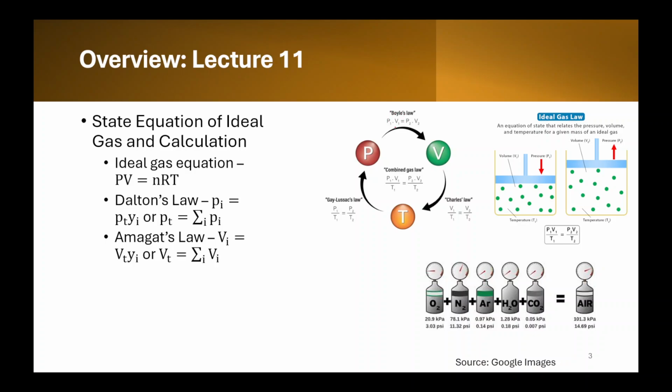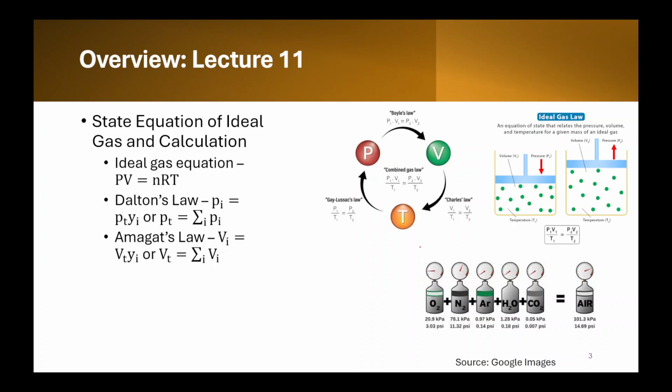Boyle's law gives us the relation of P versus V for a constant temperature and a fixed amount of gas. Charles' law gives us the relation between volume and temperature for a fixed pressure and a fixed amount of gas. Same goes for the Gay-Lussac law, which gives us the relation between pressure and temperature for a fixed volume and a fixed amount of gas.